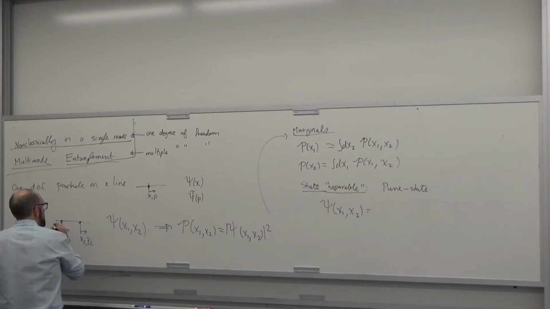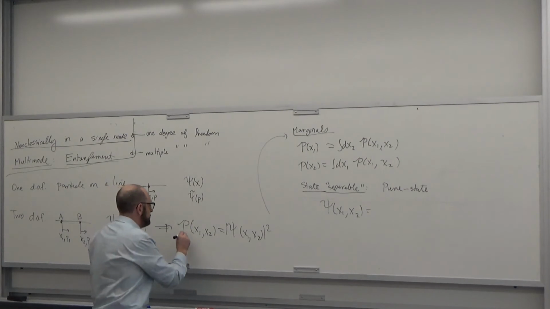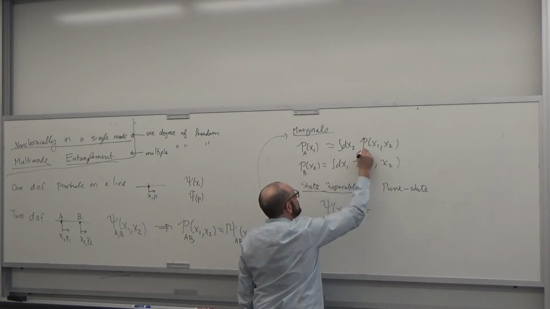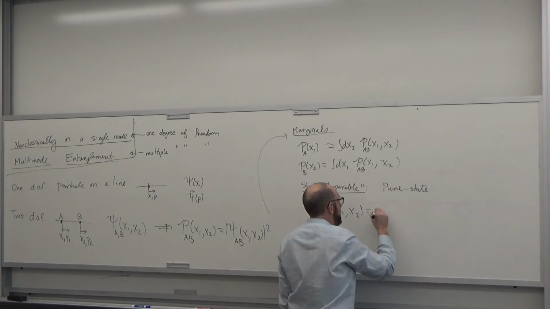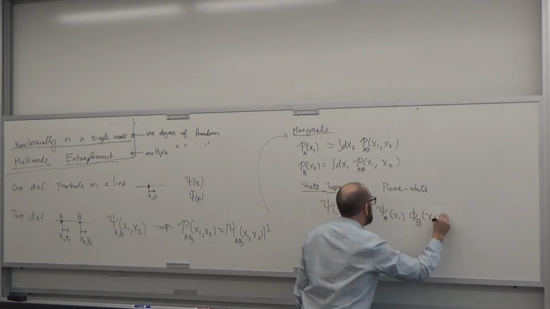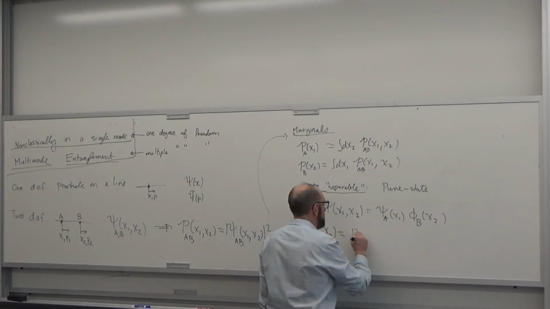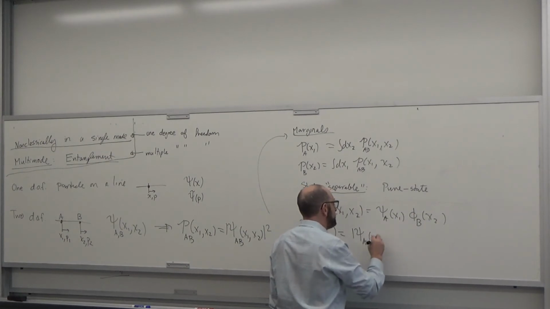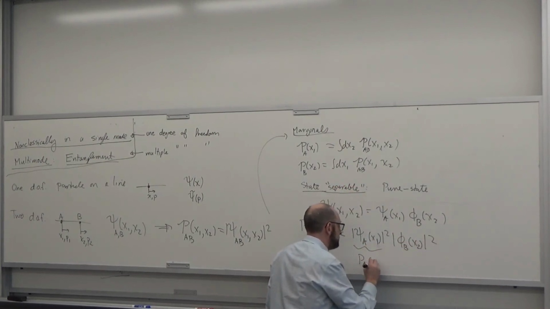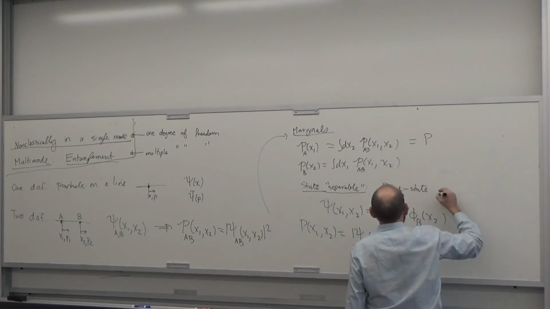So let's call this, let's say there's particle A and there's particle B. I could have a wave function for particle A and a wave function for particle B. Then, of course, the joint distribution is just the product distribution, which are equal to the marginals in this particular case.